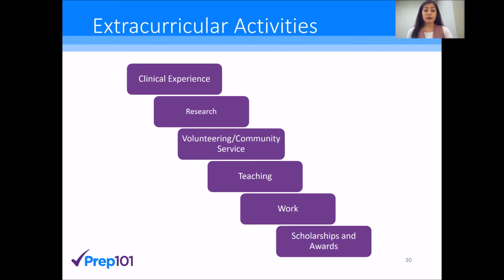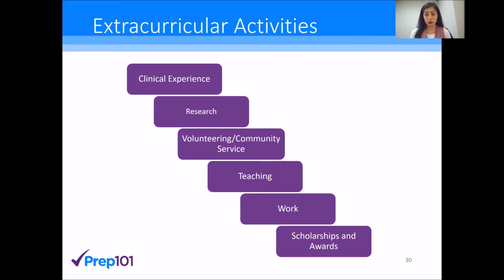The reason I'm spending time talking about extracurricular activities is because they're super, super important. This is a way for you to diversify your portfolio, okay? When medical schools see applications, they see that everyone has this amazing GPA, this great MCAT score, and that's all great. But how do they really figure out the uniqueness that you as an individual offer?